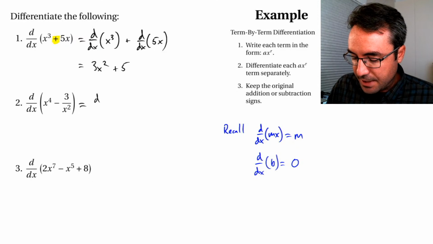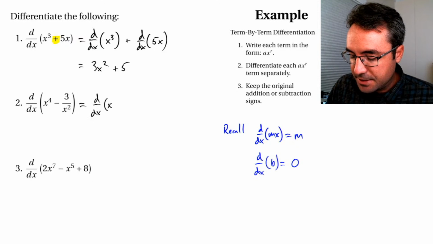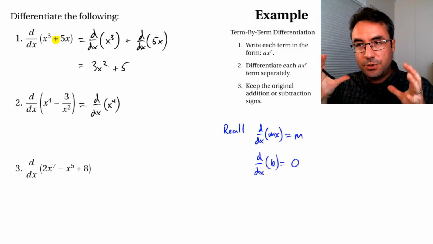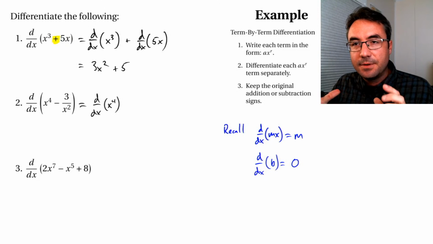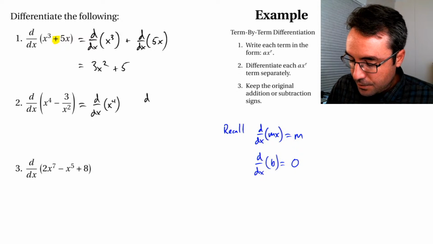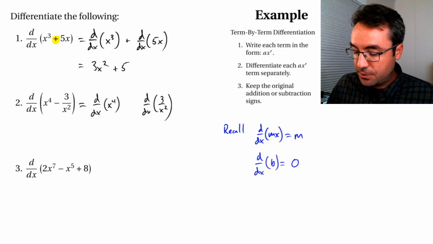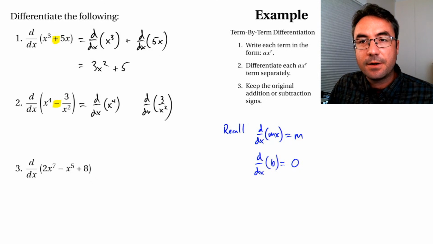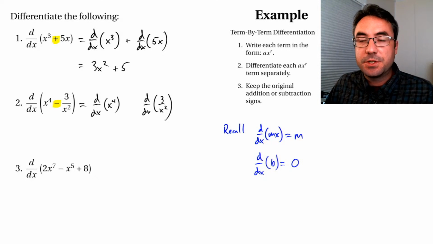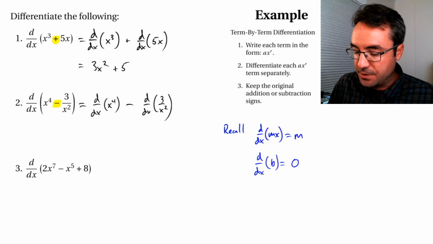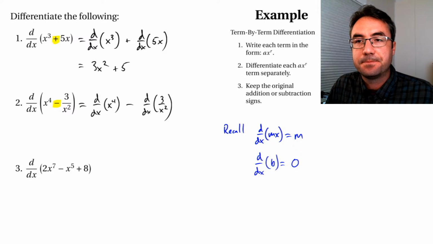So we could write this as the derivative of x to the power 4, then the derivative of 3 over x squared, and because there was a subtraction sign right in the middle there, we just do the difference of those two derivatives.